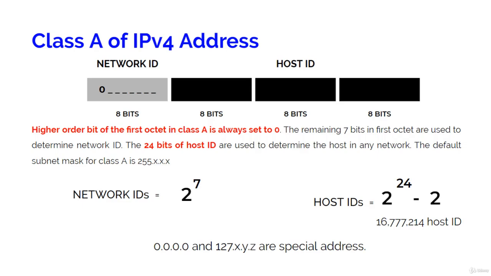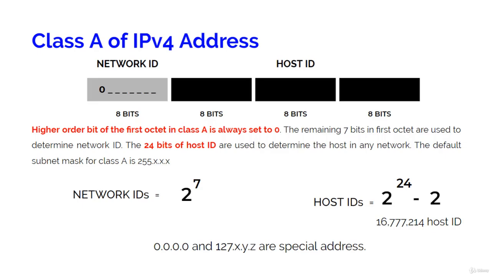Now let us move on to the first class, which is class A. IP addresses belonging to class A are assigned to networks that contain a large number of hosts. The network ID is 8 bits long, whereas the host ID is 24 bits long.